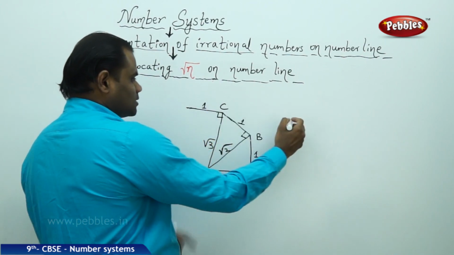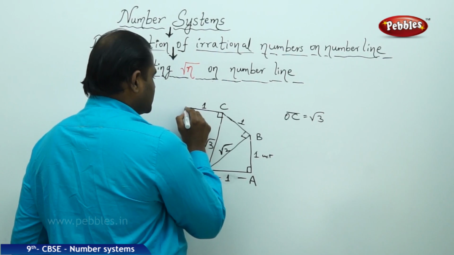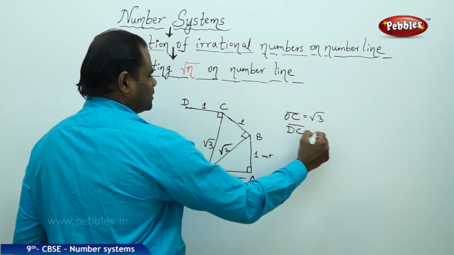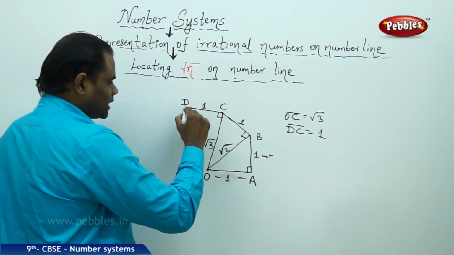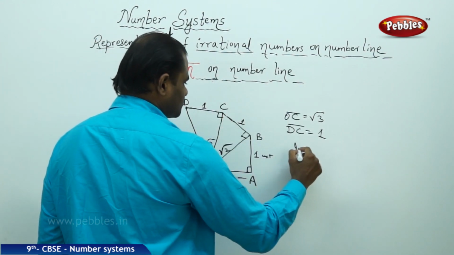So when this distance OC is root 3 and my distance from D to C is 1 unit, then this forms a right angle triangle ODC.